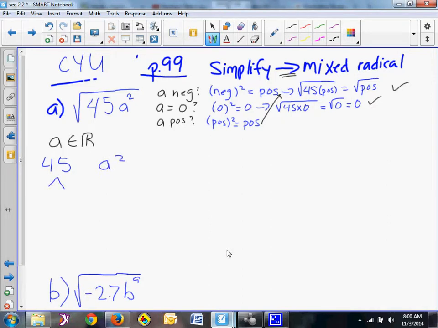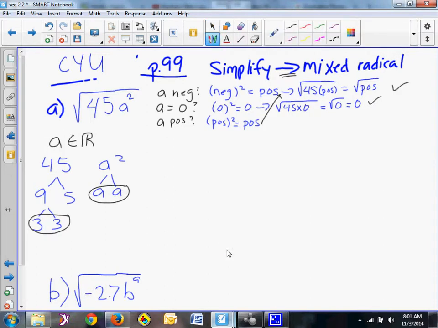Two numbers that equal 45 are 9 and 5. 9 is not prime, so we take that down to 3 and 3. 3 is prime, 5 is prime. So that's prime factored. Because we're dealing with square roots, we circle our factors in groups of 2 if possible. I'm going to do the same thing with a squared. A squared is just a times a, and we can circle these.